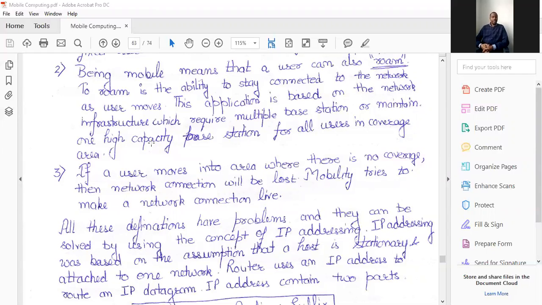So there is that concept called data roaming. Data roaming is the ability to send and receive data through your mobile phone over a network on the go. As you move around, you are able to access the internet. As you are in the car, you're able to access the internet. As you move around, you're able to share files. So that is called data roaming.